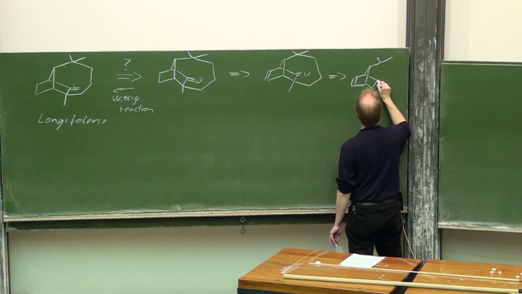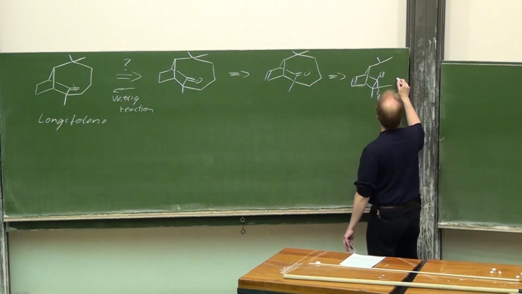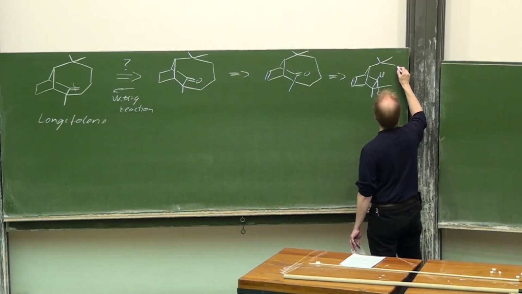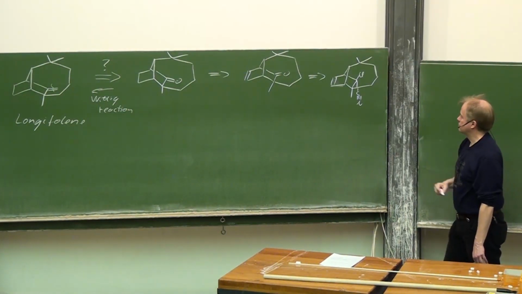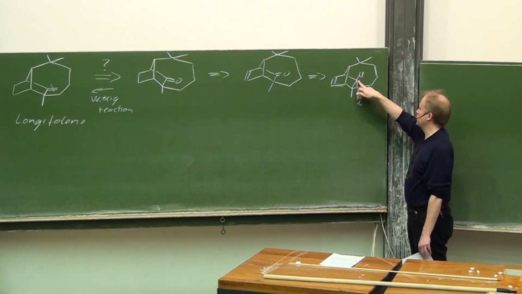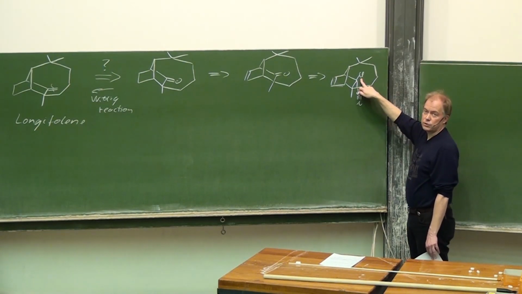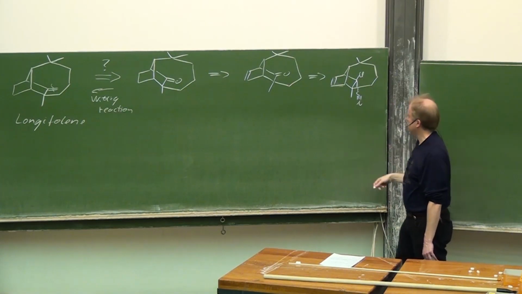Having a cyano group here and a chloride there. Hydrolysis here, replacing the chloride by a hydroxy group, then we have a cyanohydrin, and this could then decompose in equilibrium, giving the ketone.